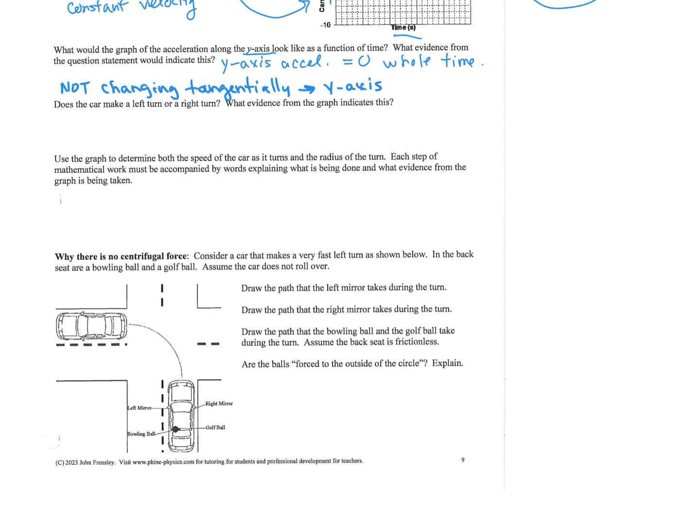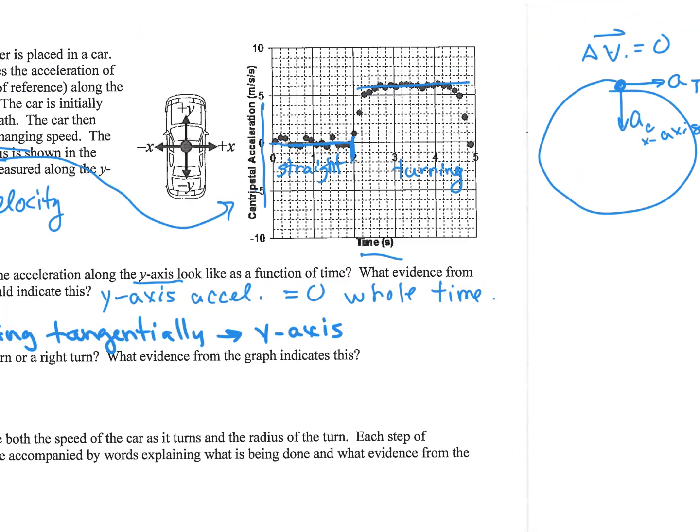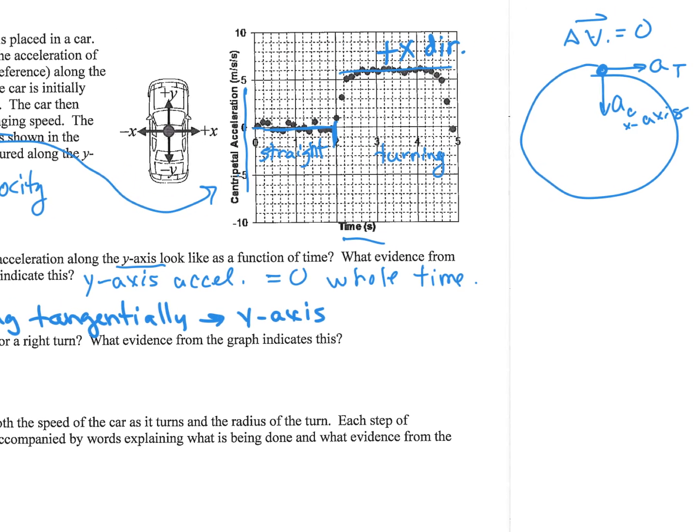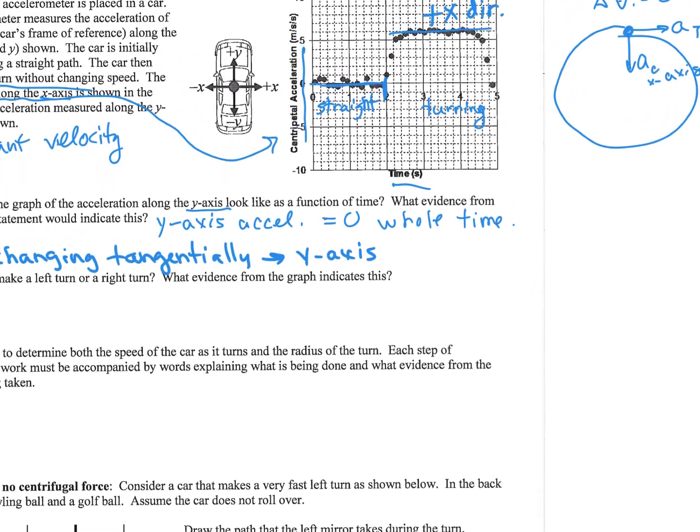Does the car make a left turn or a right turn? It makes a 90-degree turn. It doesn't tell us what's going on. But if the centripetal acceleration is in the x-axis direction and it goes positive, this is a positive x direction. That means that it must be turning in the positive x direction.